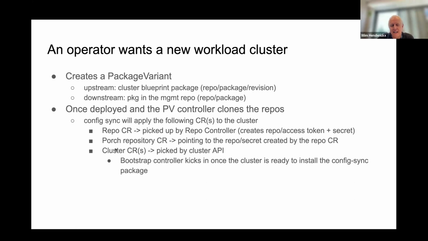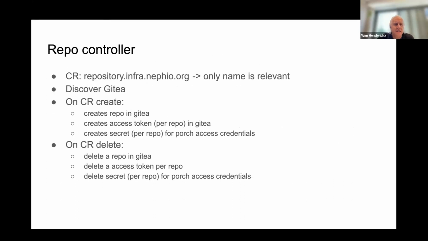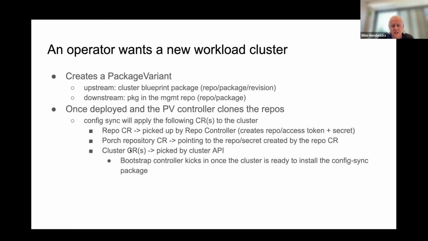And then the cluster CRs are being picked up by the cluster API, which is going to basically bootstrap a cluster based on the information over there. And the last step is that once this cluster gets into ready state, the bootstrap controller picks that up and then installs config sync on that cluster based on that package variant that you have applied over there. Does that make sense?